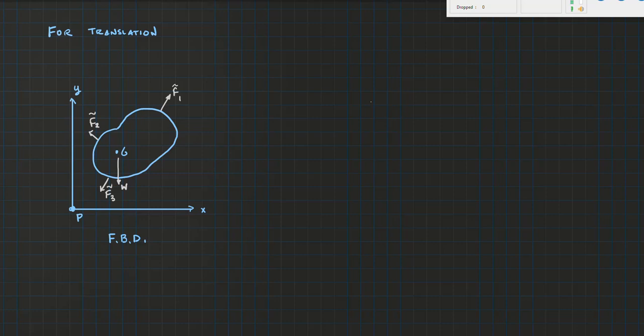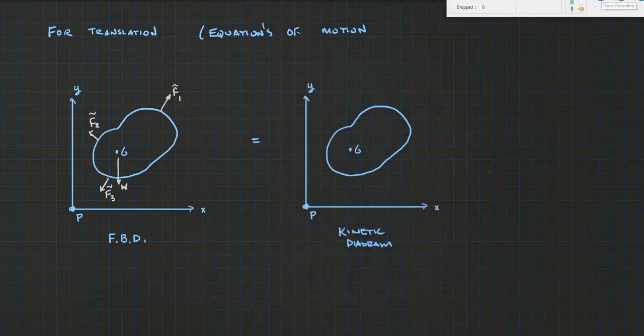So for just translation occurring, we can get our equations of motion by equating the free body diagram with all our forces drawn. We can equate this free body diagram to our kinetic diagram then, which will include our accelerations and masses.